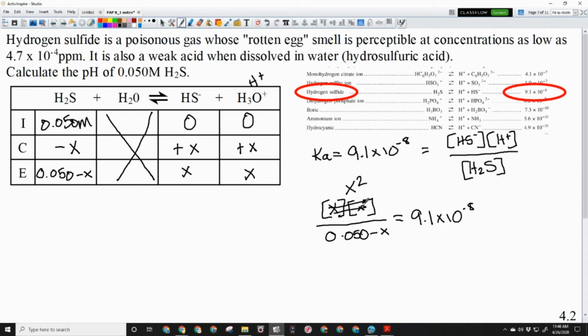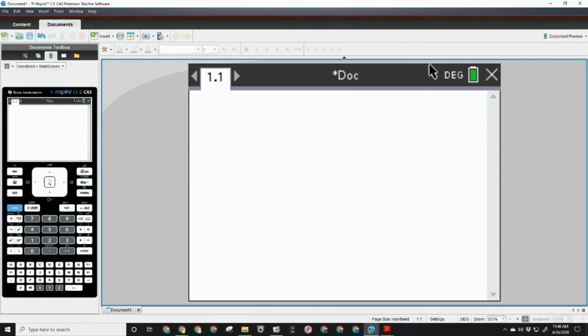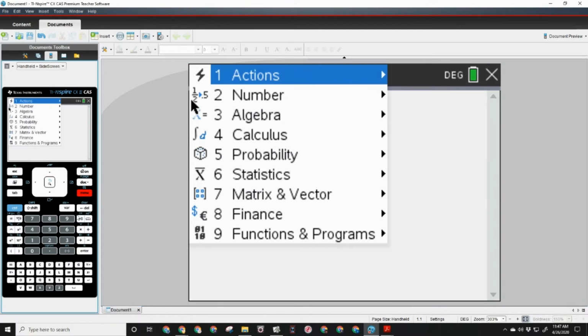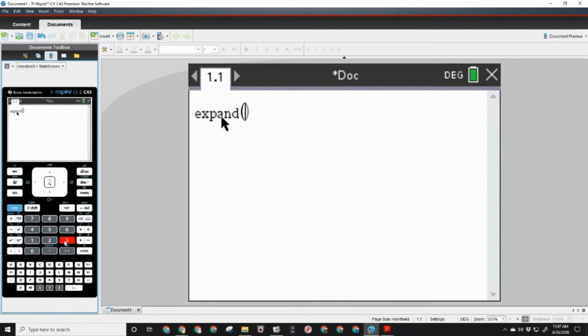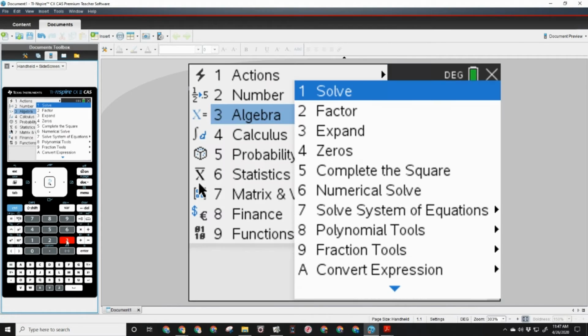First, I'm going to show you the beauty of the TI Inspire CAS. You have to have the CAS in order for this to work, because this has algebraic solving functions. Let me show you how that works. Press menu, then algebra, which is 3, and then 1, which is solve.